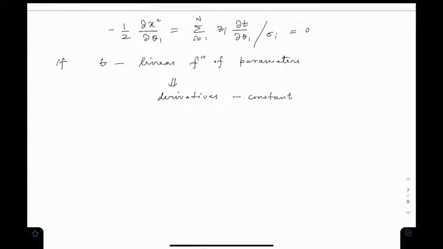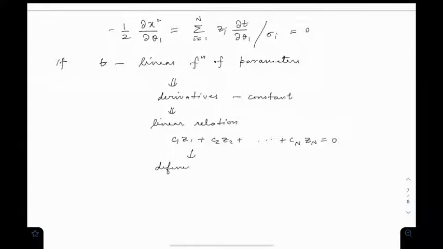And we get a linear relation of the form C1 Z1 plus C2 Z2 plus ... plus Cn Zn equals 0, which defines an n minus 1 dimensional subspace, a hyperplane containing the origin of the n-dimensional Z space.